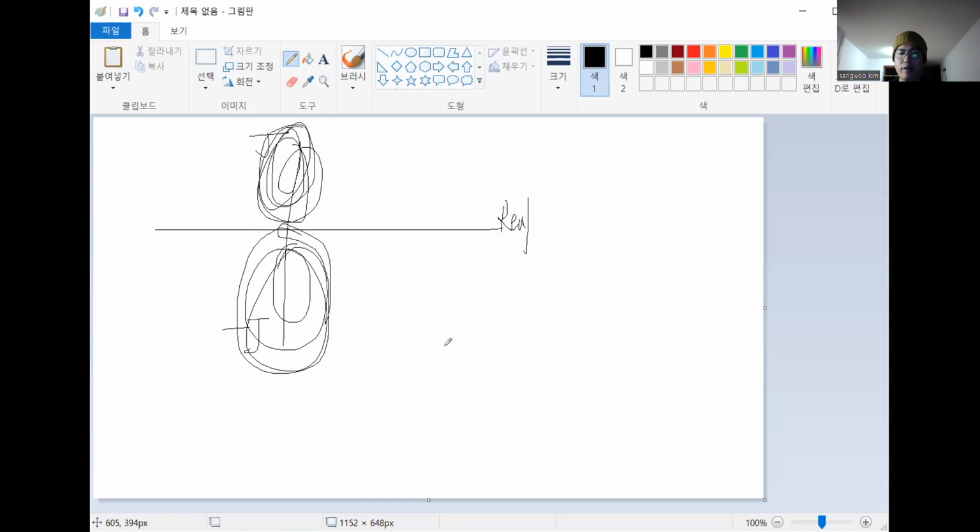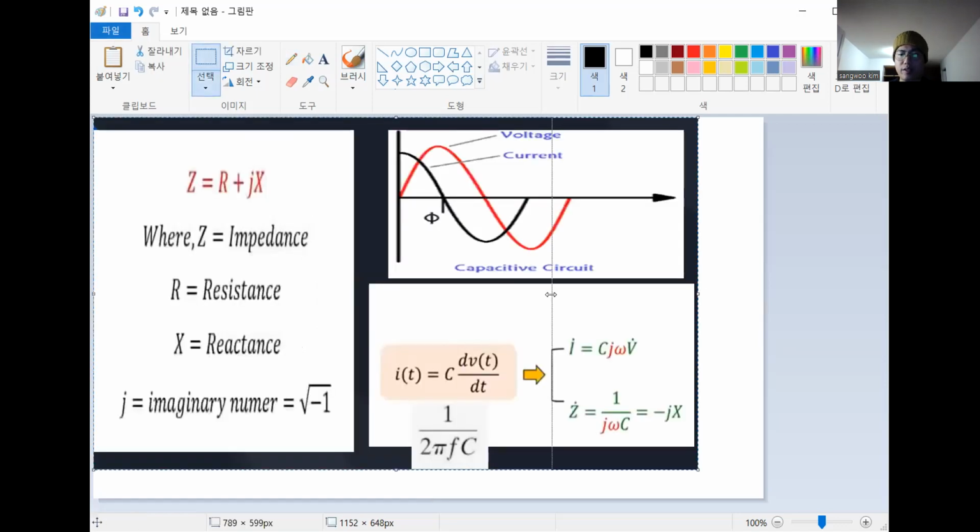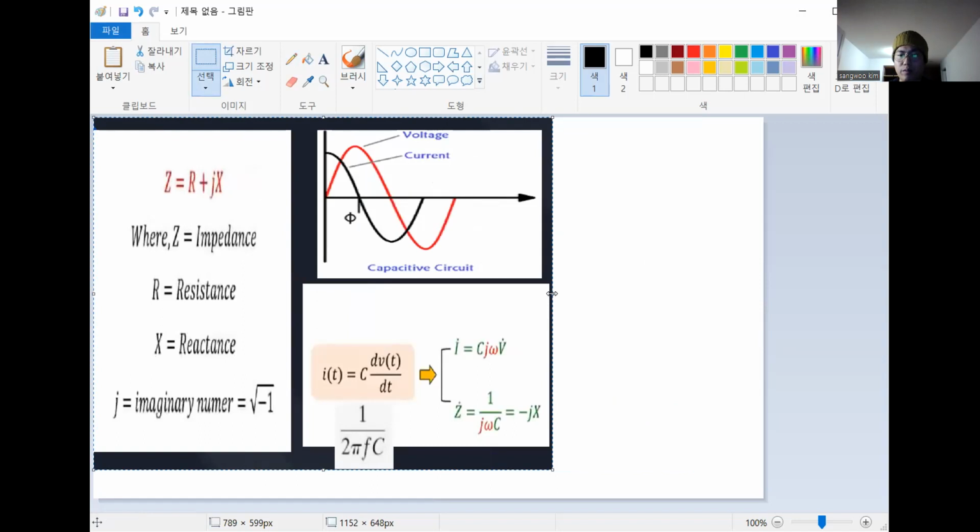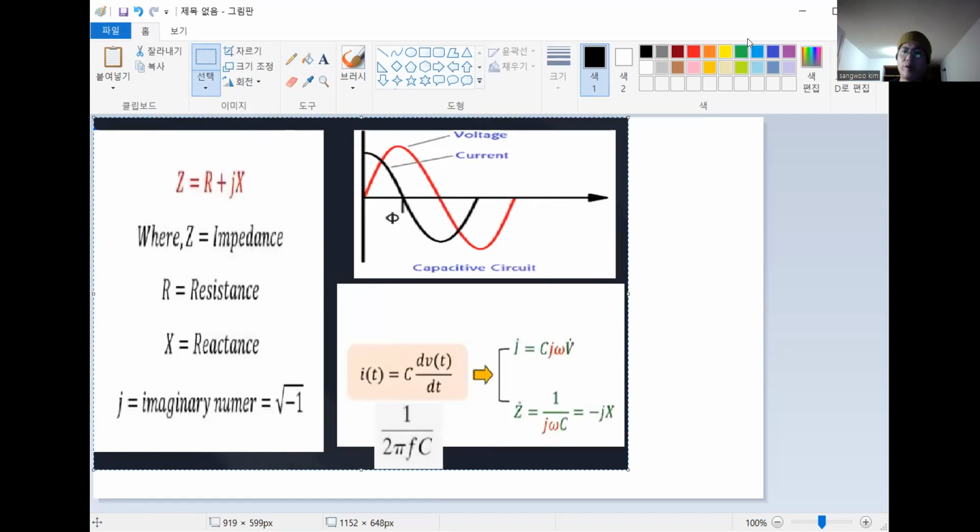Oh yeah, I forgot, sorry guys. Look at it, I'll explain how to tell lead and lag. Here, voltage is red and current is black.